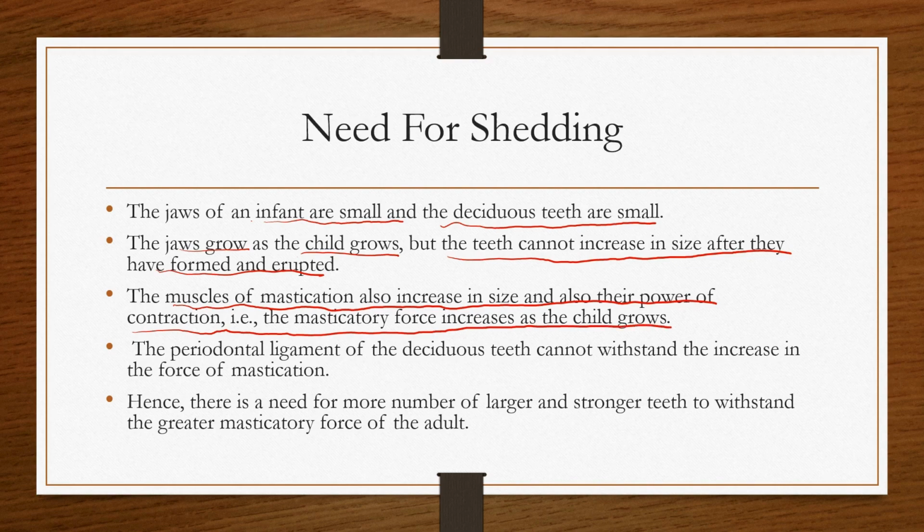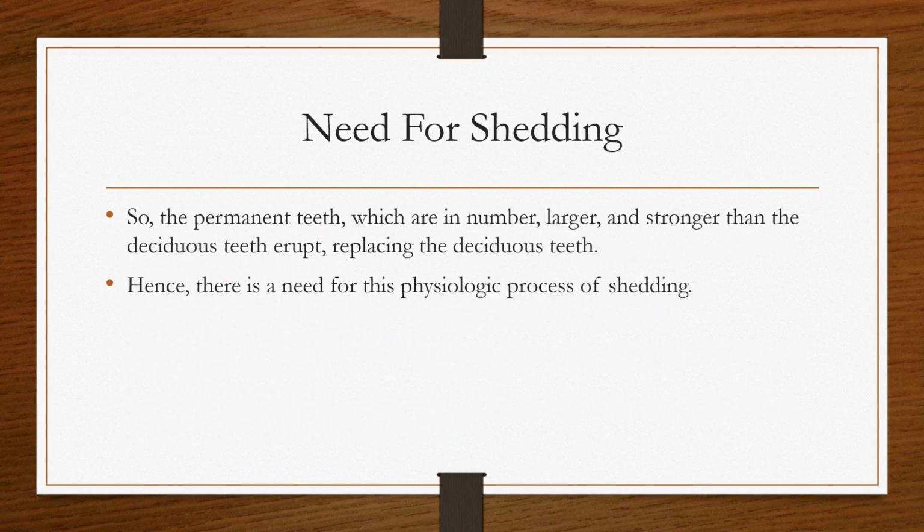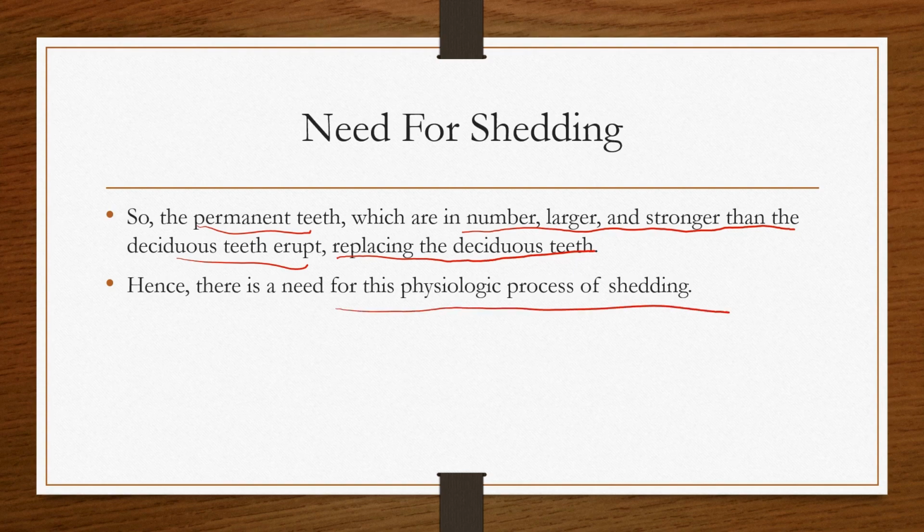Then what will happen? The periodontal ligament of deciduous teeth can't withstand the increase in the force of mastication. That will need a greater number of larger and stronger teeth to withstand the greater masticatory forces of the adult. So what will happen? The permanent teeth, which are larger in number and stronger than the deciduous ones, will erupt, replacing the deciduous teeth. And for this to happen, there is a physiologic process called shedding.